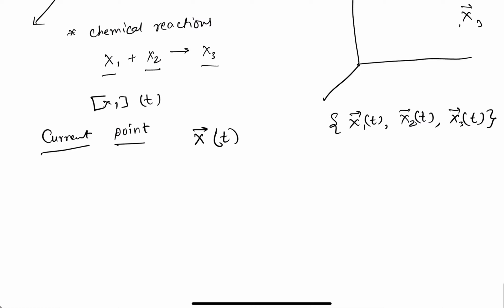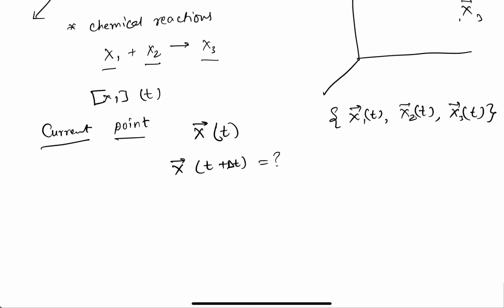Then what we want to do is figure out what happens in the future. If the particle was at position x at time t, what would be its position at x of t plus some other time delta t? This is the future time at which we want to know its position.